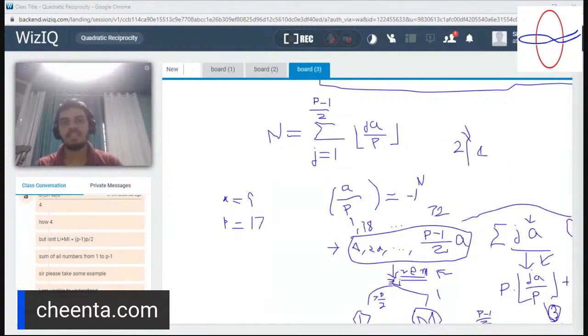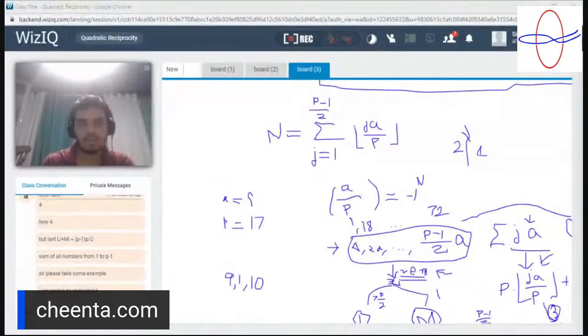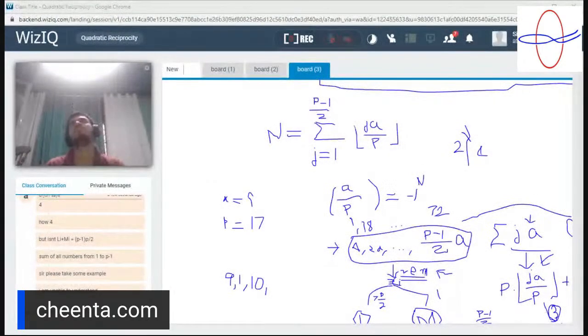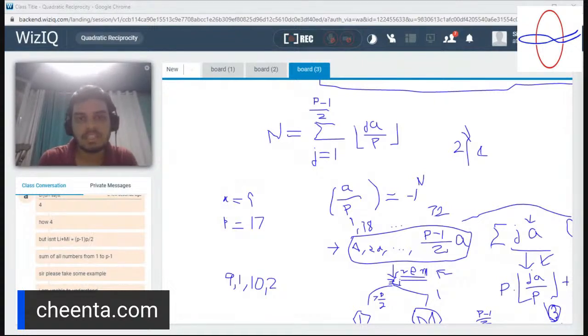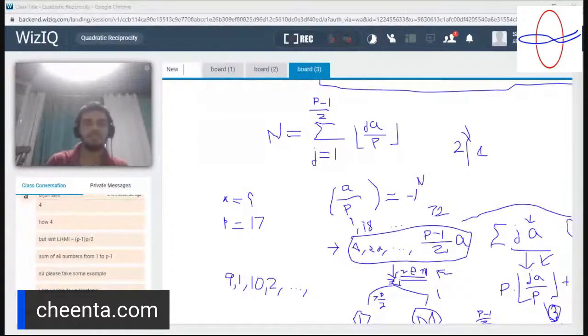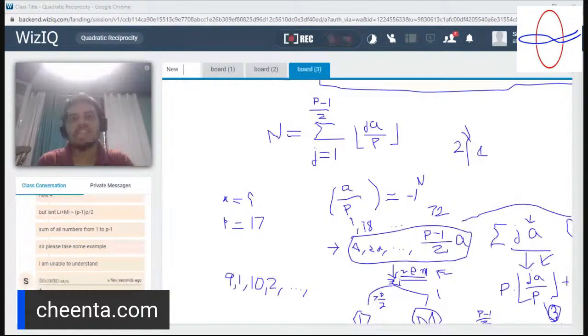So what Gauss's lemma does is it takes the remainder of all of these mod 17. So you have 9, 18 would be 1, 27 would be 10, 36 would be 2, since 17 times 2 is 34 plus 2 is 36, and so on up to 72, which is, let's say, 17 times 3 is 51, 17 times 4 is 68.